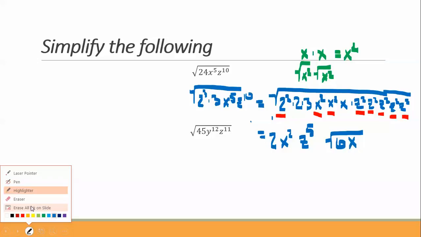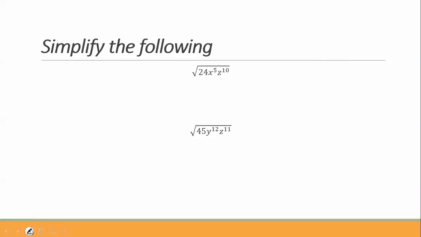I'm going to erase everything so we can do the next problem. So 45 is 5 times 9, so that's going to be 5 times 3 squared, y to the 12th.